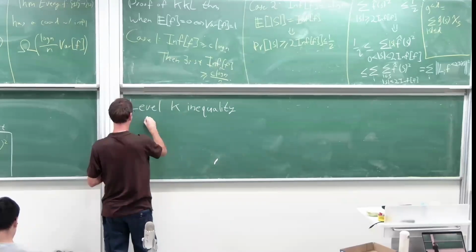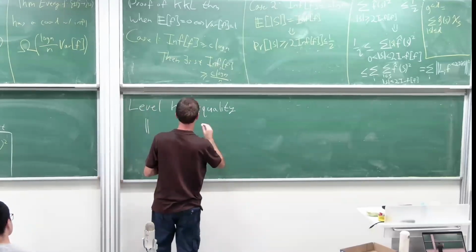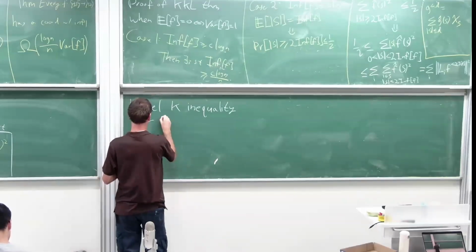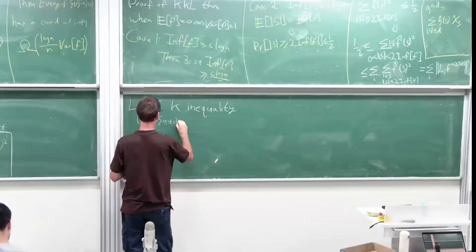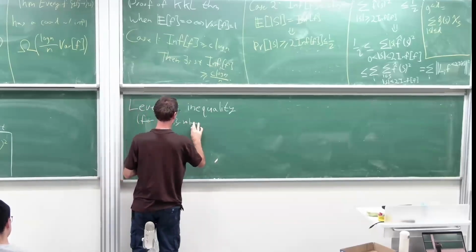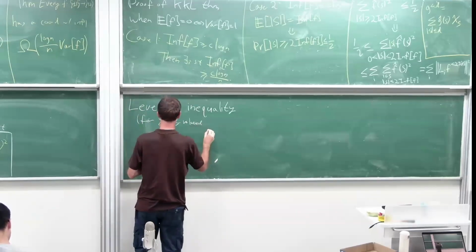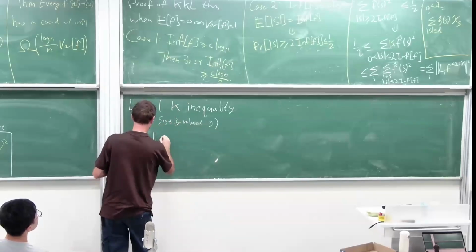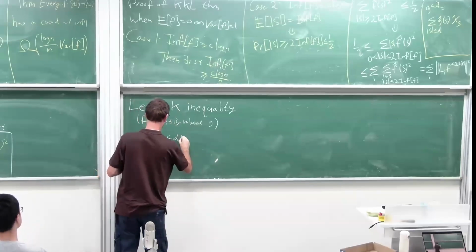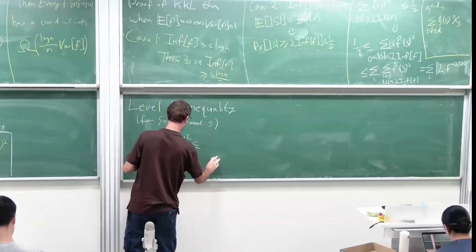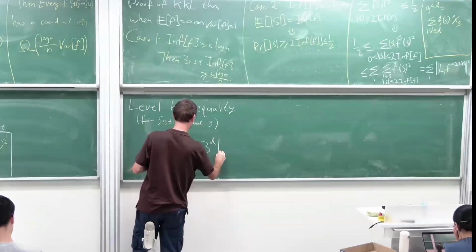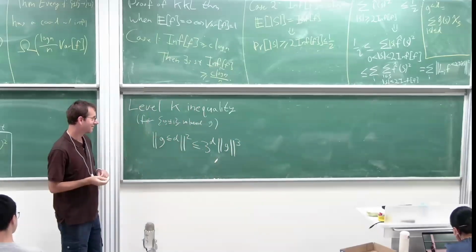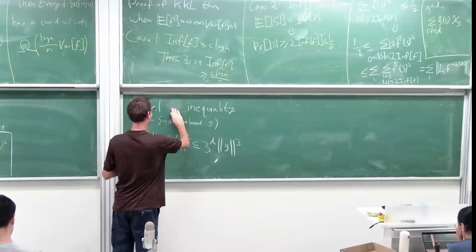It states that, for 0, plus or minus 1 valued functions, the Fourier mass of g at level at most d squared is at most 3 to the d times the L2 norm of g cubed. So it should be a level d inequality, sorry.